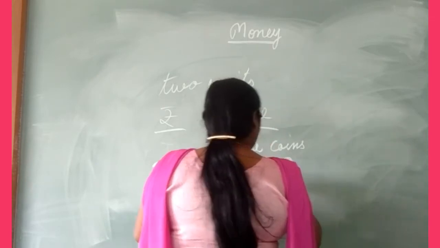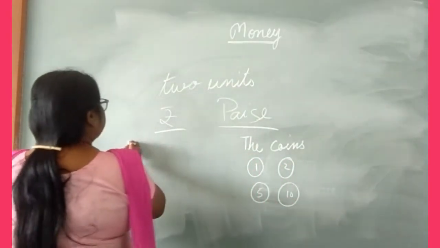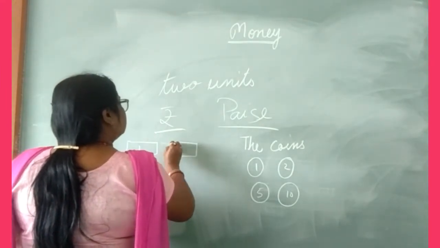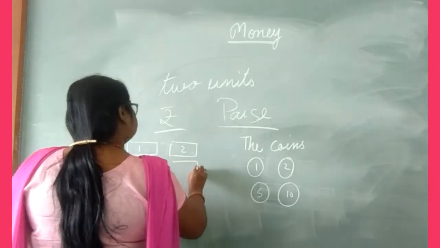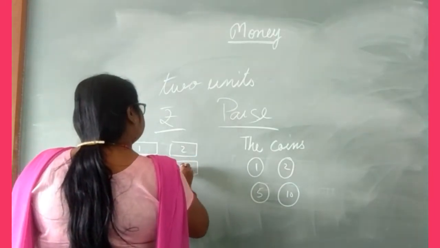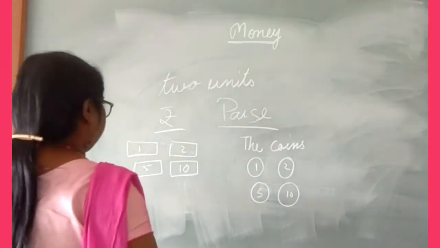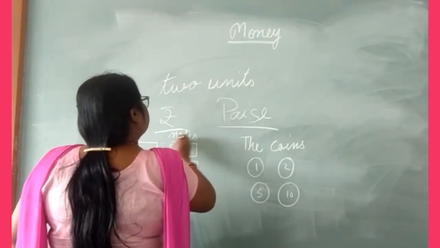These all are the coins. These are known as paisa. And rupees you have seen, 1 rupee, 2 rupees, 5 rupees, 10 rupees. These all are known as rupees. We call these notes.